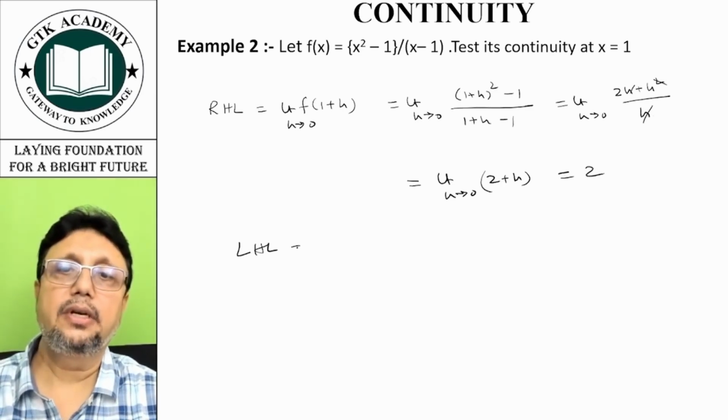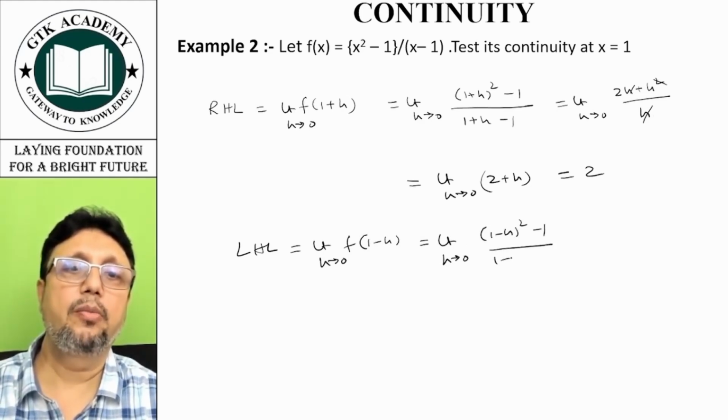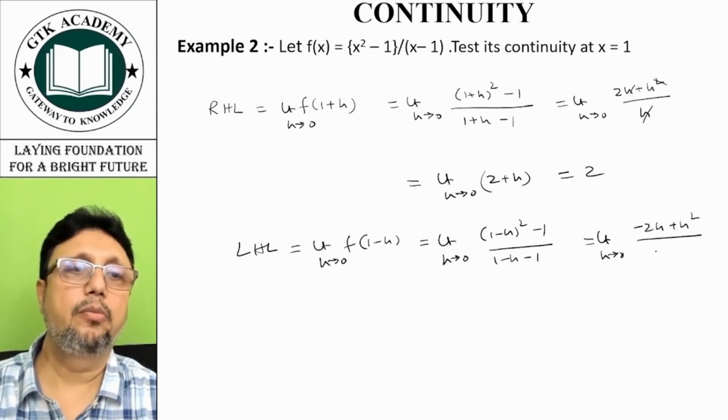Left hand limit is equal to limit h tending to 0, f(1 minus h), which is equal to limit h tending to 0, ((1 minus h) whole square minus 1) upon (1 minus h minus 1), which comes to limit h tending to 0, (minus 2h plus h square) upon minus h.